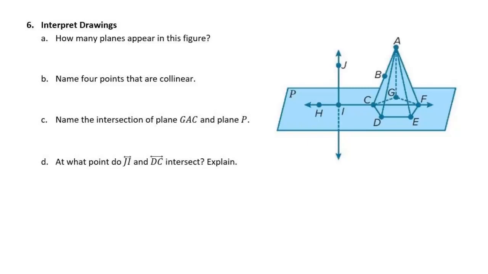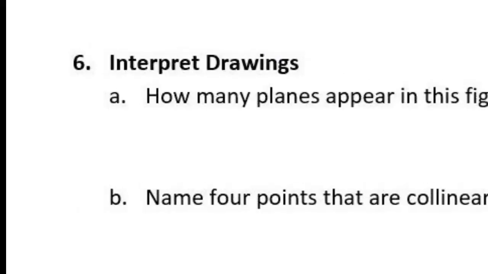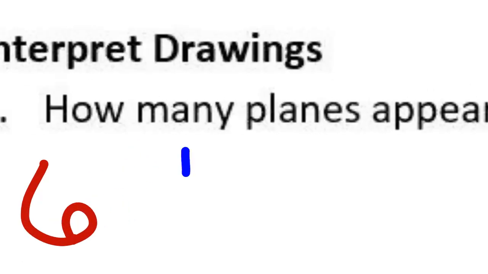Are those the only flat surfaces in the picture, just those 5? No, there's also the bottom. So how many planes are there total in the picture? 6. Beautiful. We have 6 planes. Let's go ahead and name those. What's a name for the big flat one on the bottom? P. We can call that plane P.